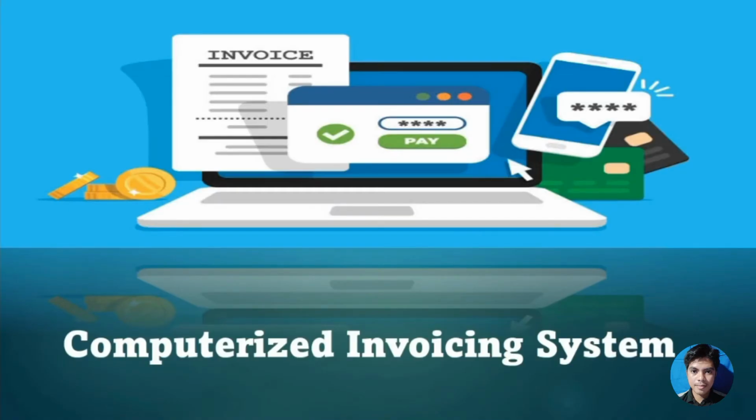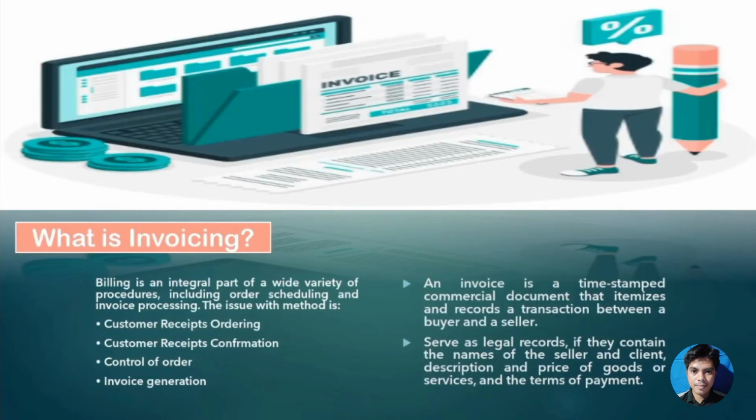Computerized invoicing system. Invoicing, by definition, is billing. Billing is an integral part of a wide variety of procedures, including order scheduling and invoice processing. The issue with the method is customer receipts ordering, the customer receipts confirmation, the control of order, and the invoice generation.